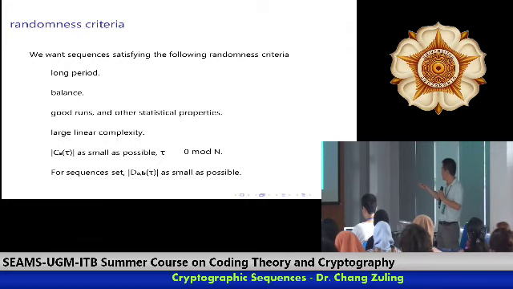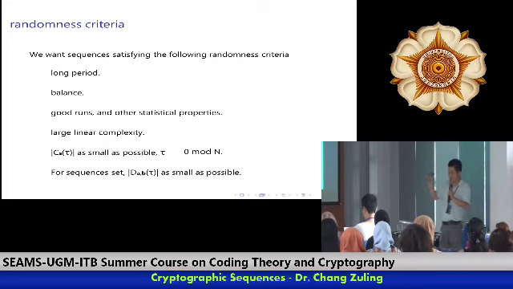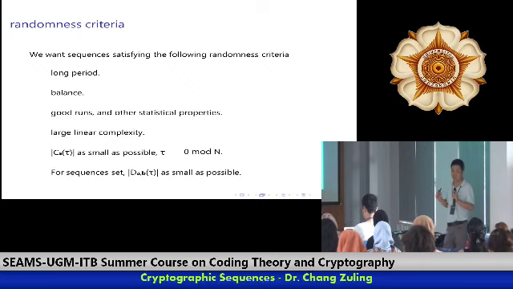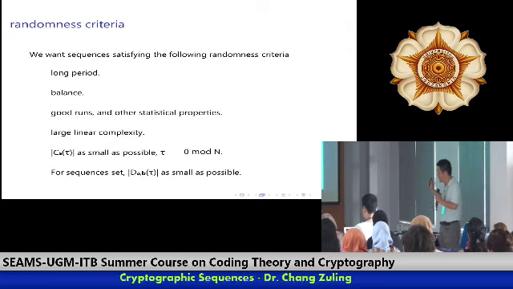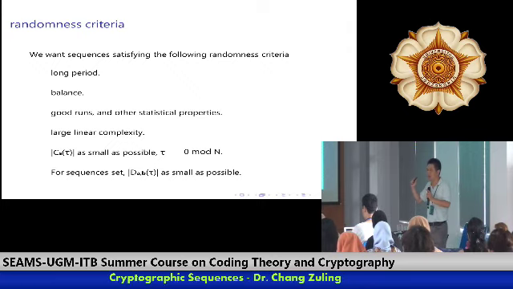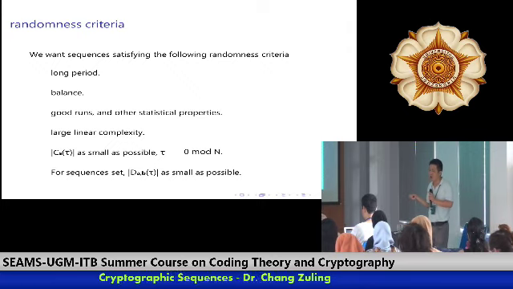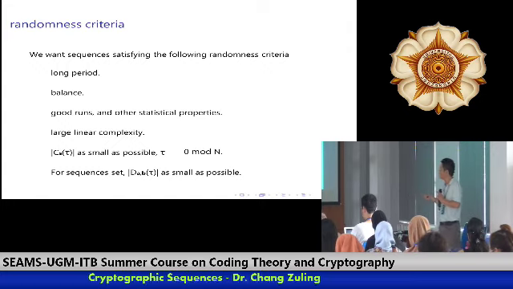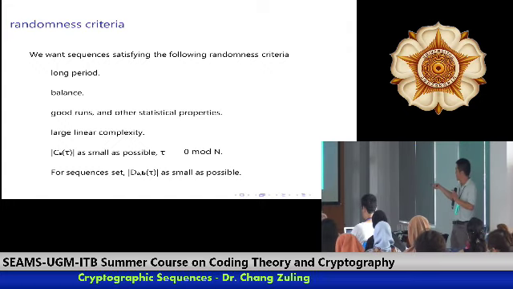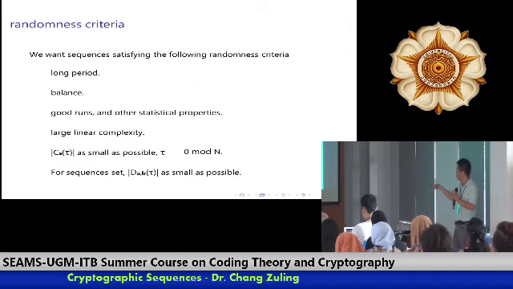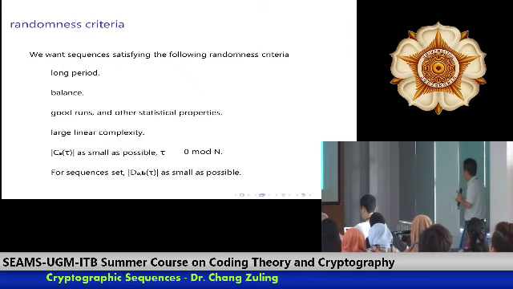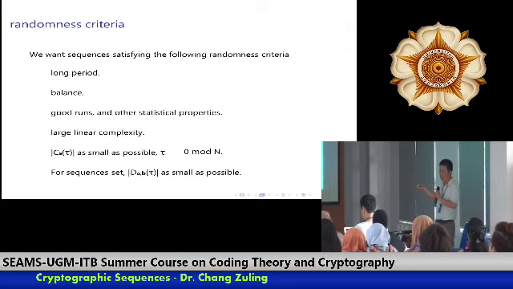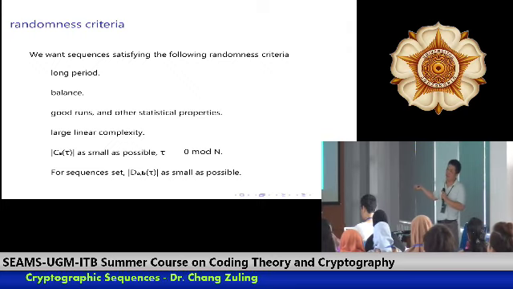These three conditions make the sequence seem random, because in cryptography we want the sequence to be random or pseudo-random. So these three conditions are used to judge whether it's random. Another one is large linear complexity to resist the BM algorithm.